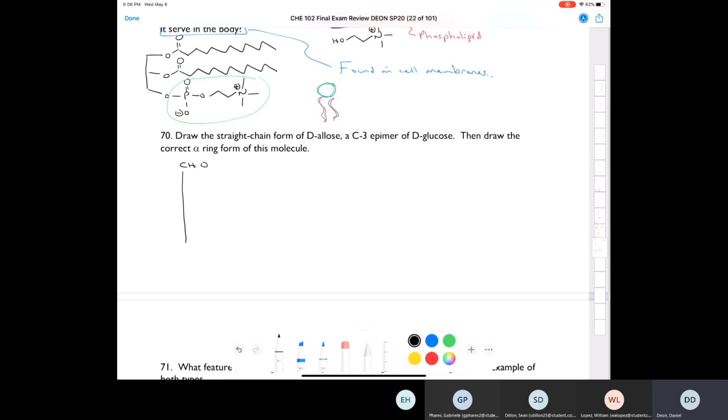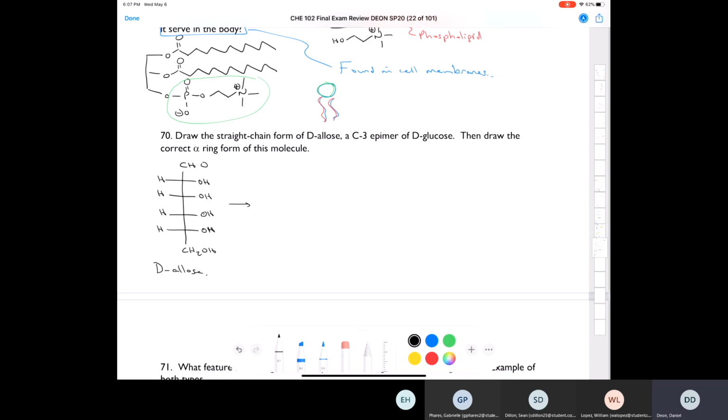So I'll help you out by giving you the structure of D-allose. If you take advanced organic chemistry, yes, in that class you do have to memorize the structure of a couple of sugars, but not in Chemistry 102. That is not part of our SLOs or our student learning outcomes. But if I give you D-allose, we spent quite a bit of time learning how to draw the ring form, right?